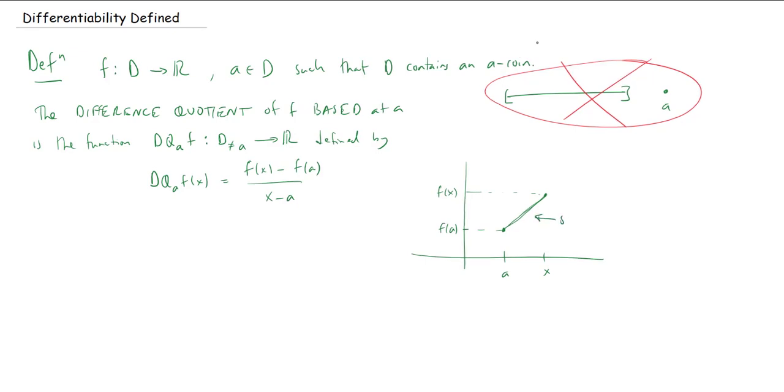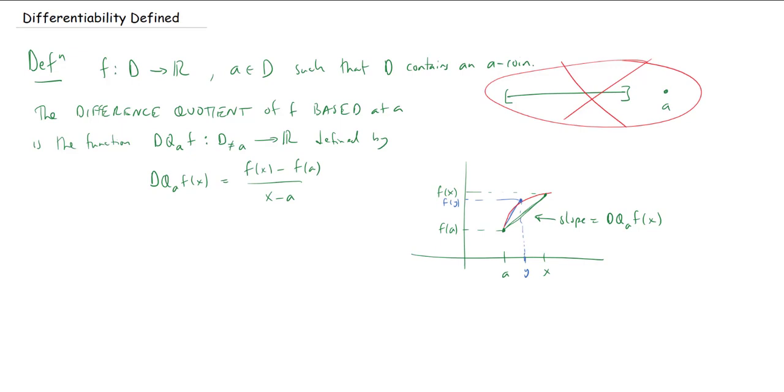All right, and the slope is exactly equal to the difference quotient of f based at A evaluated at X. And the idea is, of course, I can change this X. So maybe I move my X over here. So here could be like a little Y. And maybe the f of Y is that height. And that might actually give me something, right? That'll give me a different slope. Okay, so maybe my actual graph, right, went something like this.